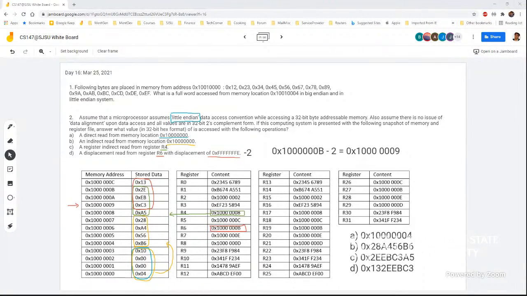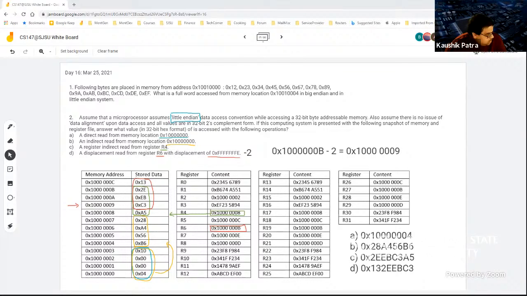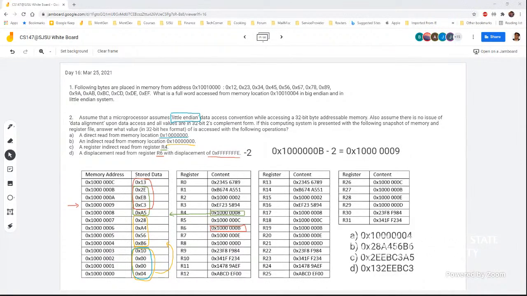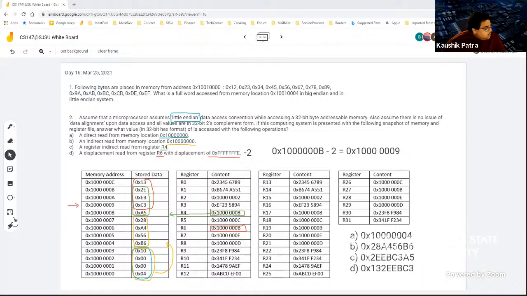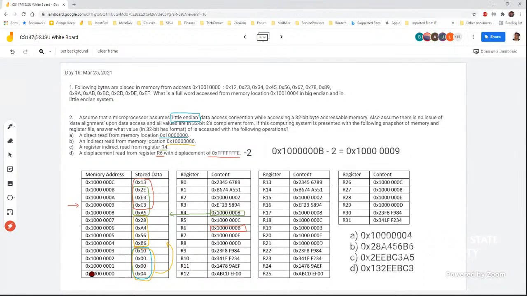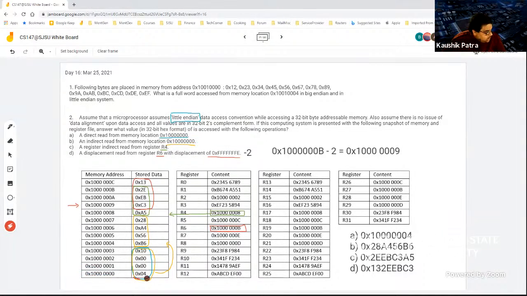For part B, the indirect read, that's the one that has an offset such that instead of reading from 1000, it reads 8 positions later. Or am I reading 1007? Oh no, for B, it is first reading from this memory location, this 4 byte.